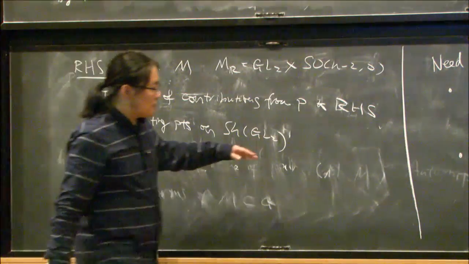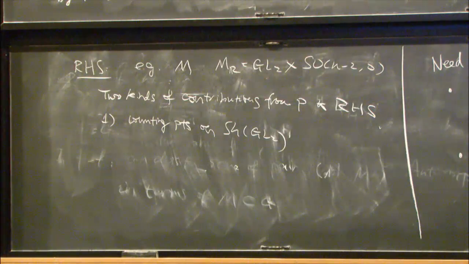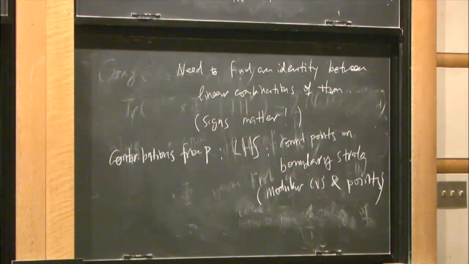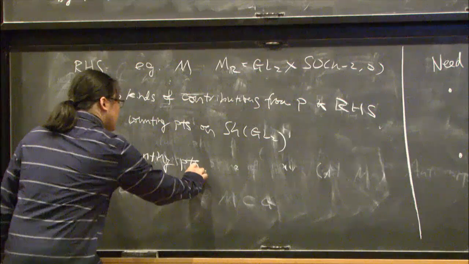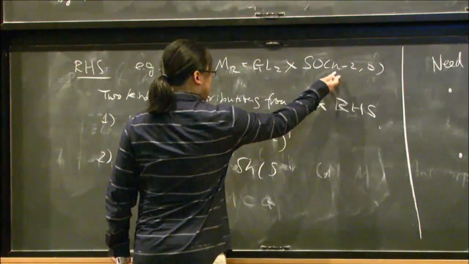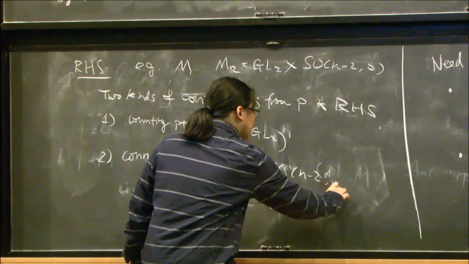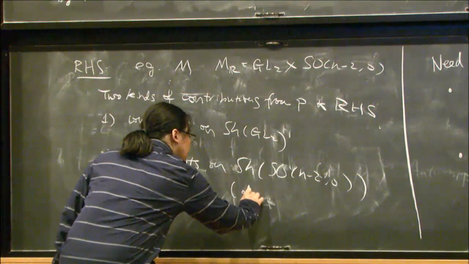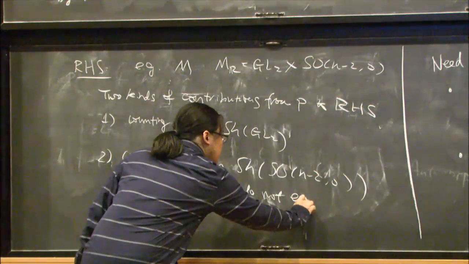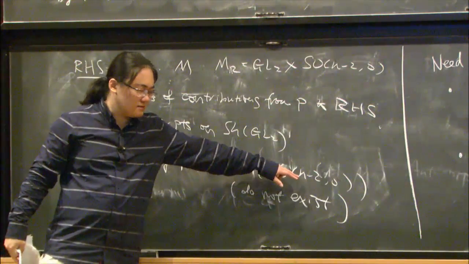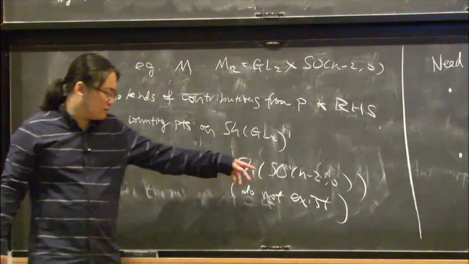So you see, these are good terms because on the other side you also find such terms. But you also have bad terms. Bad terms behave like counting points on the Shimura variety of this other factor, SO(n-2), which does not exist, basically because this group at infinity has the wrong signature, so there's no Shimura variety associated to it.